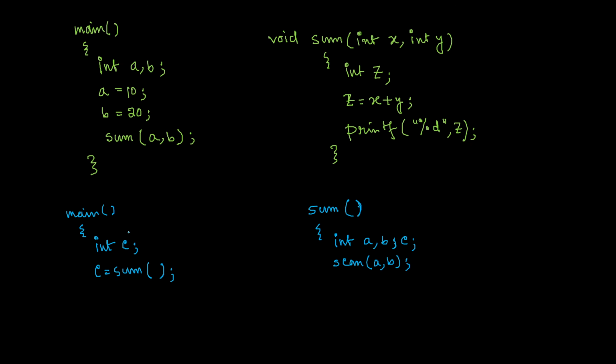Will they clash? They will not clash. Why? Again, because of the concept of scope. The scope of this C is limited within main and the scope of this C is limited within sum. Although the name is the same, since their area of access is different, there will be no clash.